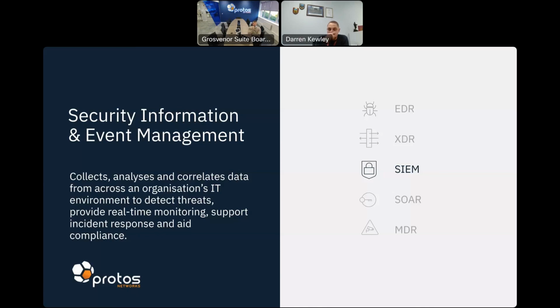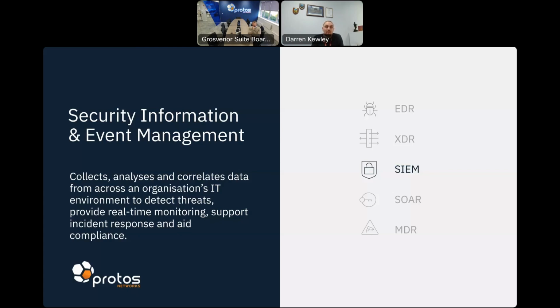Now, where this will differ from an XDR is that all of that data, masses of data, millions and millions of events, is often required for compliance. So if you're PCI, the payment card industry, if you're a certain level of PCI, you need to have that data, the warm logs, ready for 90 days, ready to action them. So that's one element.